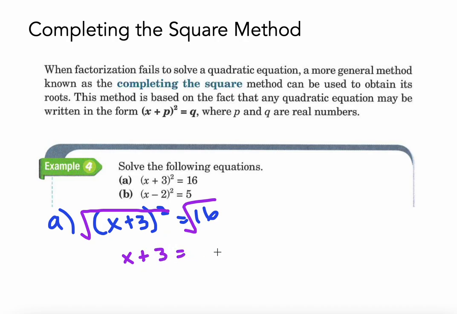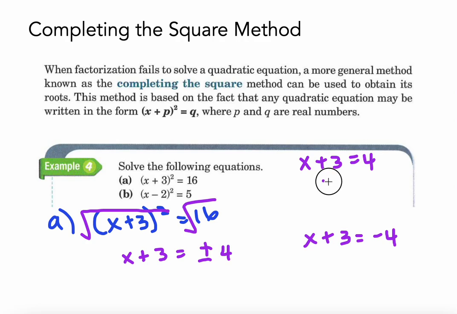So now I have x plus 3, what was left over inside because those canceled, equals the square root of 16. We know that it's going to be a positive or negative answer, and 16 is actually a perfect square, and the square root of 16 is 4. Okay, so I have x plus 3 equals positive 4 as one possibility, or x plus 3 could equal negative 4.